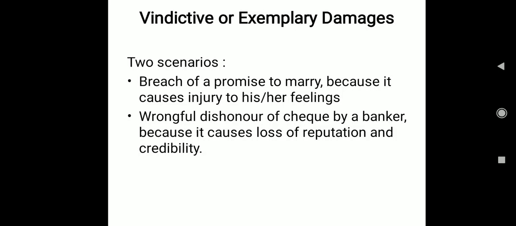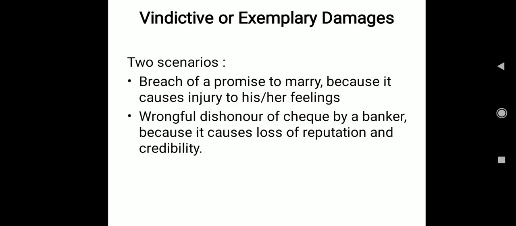So be aware, if you are promising someone marriage and then you breach that contract and refuse, and because of that it causes any injury to her or her feelings, then definitely you will be liable for compensation.